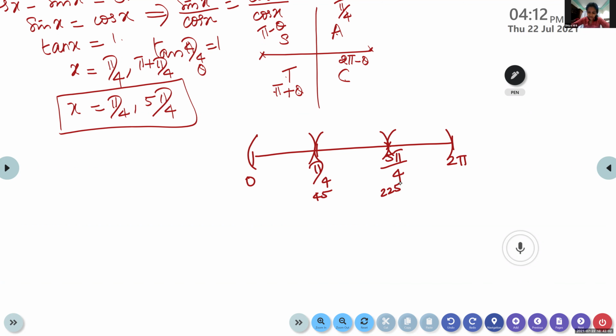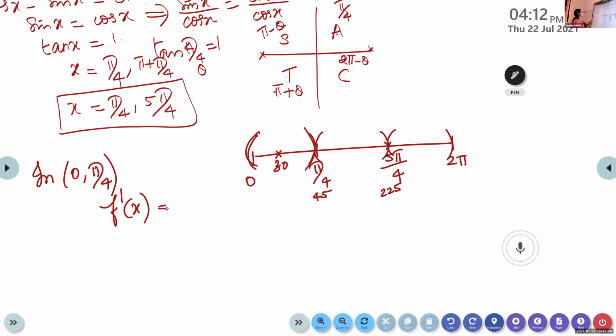Yes. So you select the first interval, 0 to pi by 4. What is the known value we can consider here in 0 to pi by 4? Gayatri? 30. We can consider 30. Okay. So you find the sign of f dash of x. f dash of x is tan x, isn't it?